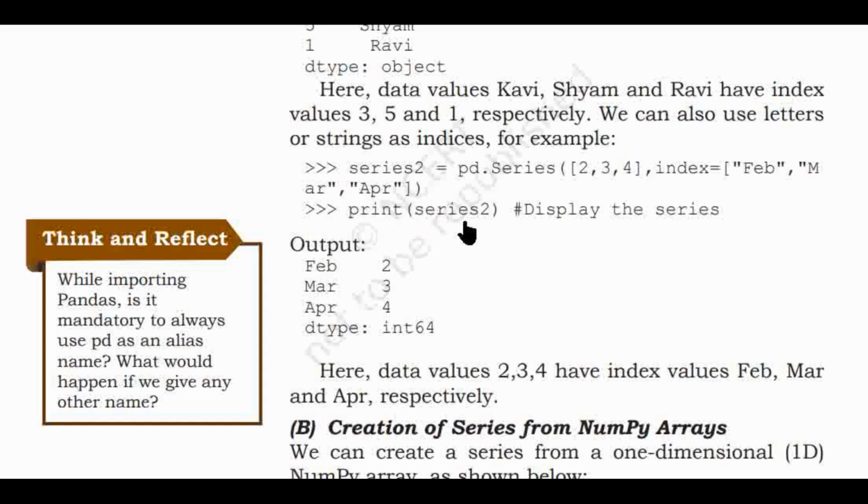Print series2. It displays the series: Feb 2, March 3, April 4, dtype int64.